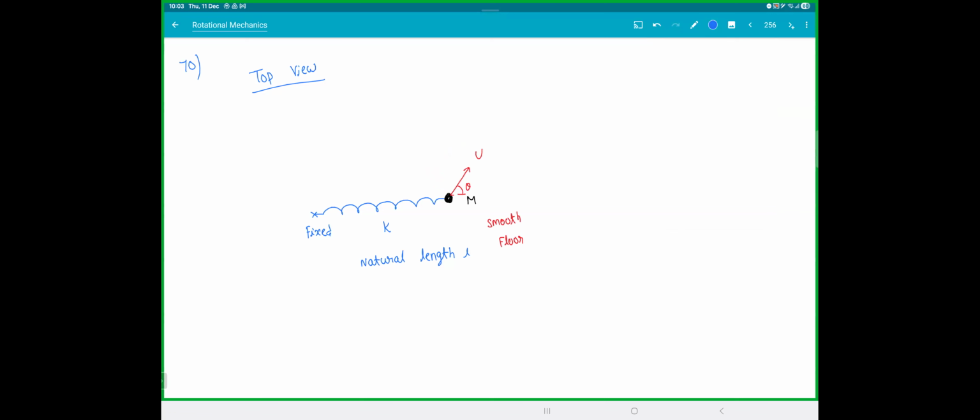And when you kicked it with speed U, find the maximum elongation and maximum compression, I can find both.